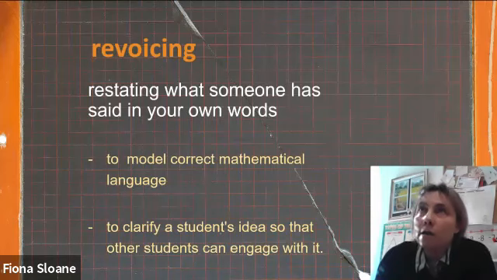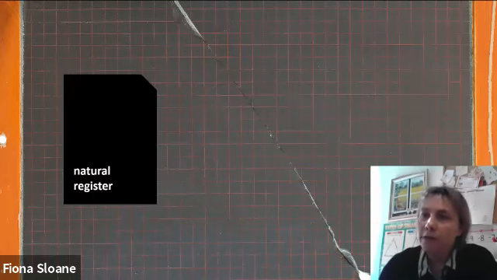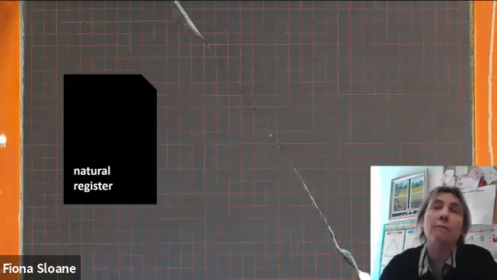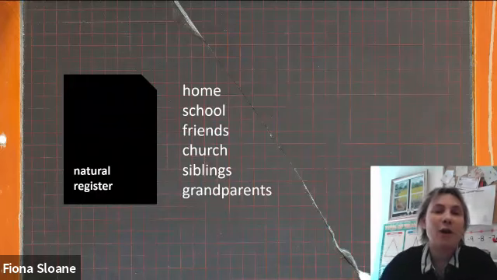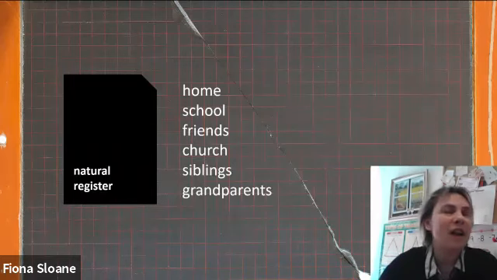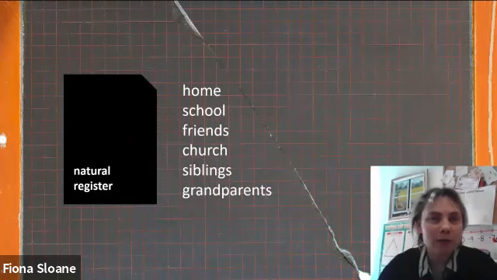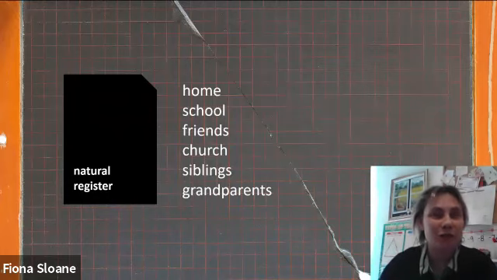But there are some problems with correcting students in this way. So if we look first at the natural register, this is more complicated than you would think. This is a whole variety of things. So this is the way you speak at home and to your friends and stuff like that. But as we all know, the way we might speak to our siblings is very different from the way we might speak to a grandparent or someone at the church or a teacher at school.